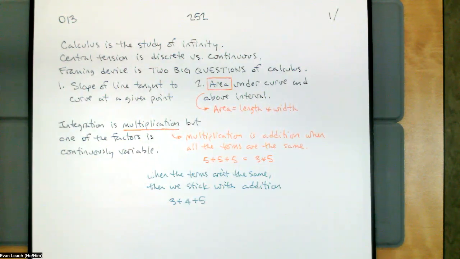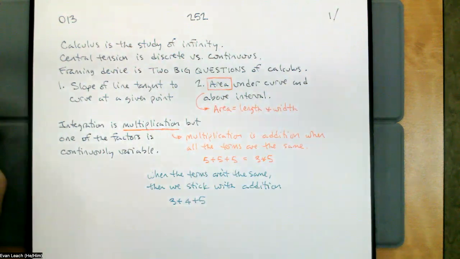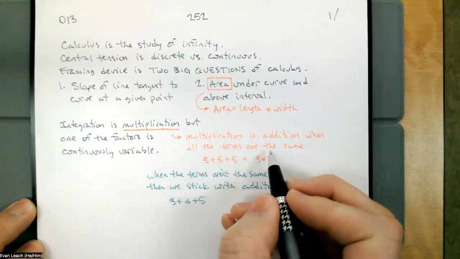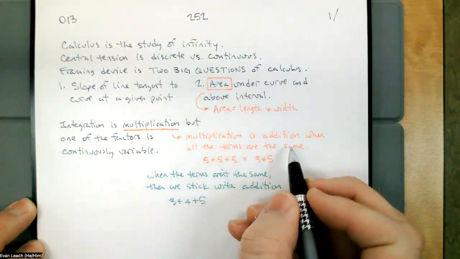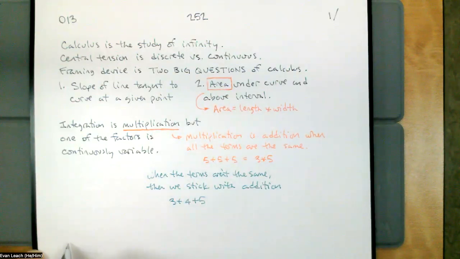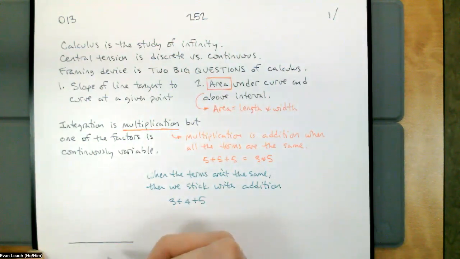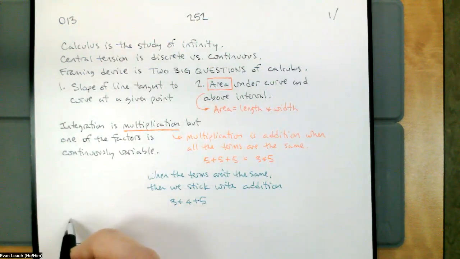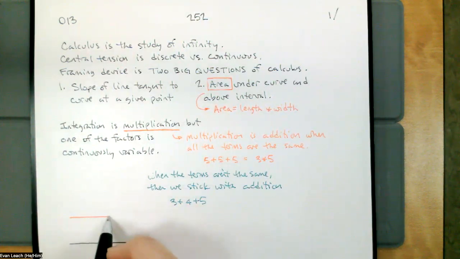We're going to draw a picture of each of these. So this first one, where multiplication is addition where the terms are all the same, we're just going to draw a picture where it's always 5.